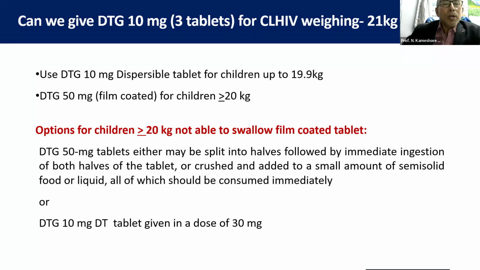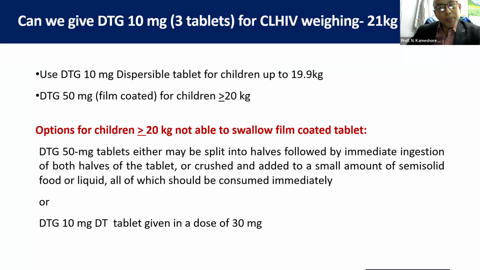But there is an option for children equal to or greater than 20 kg who are not able to swallow the film-coated tablets. Then the 50 milligram tablet either may be split into halves, followed by immediate ingestion of both halves of the tablet, or crushed and added to a small amount of semi-solid food or liquid, all of which should be consumed immediately.